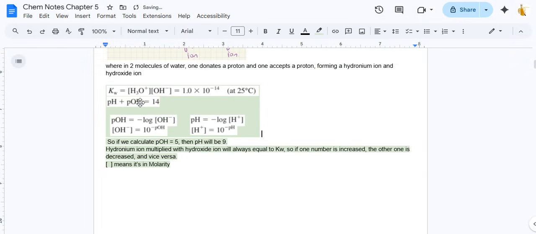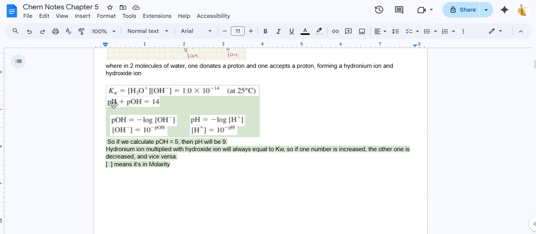And in this equation, just as an example, if pOH is 5, then pH will be 9. So if one goes up, the other one goes down.